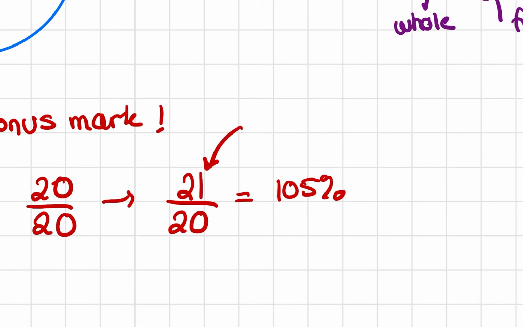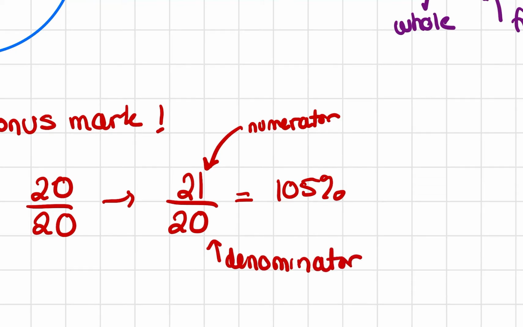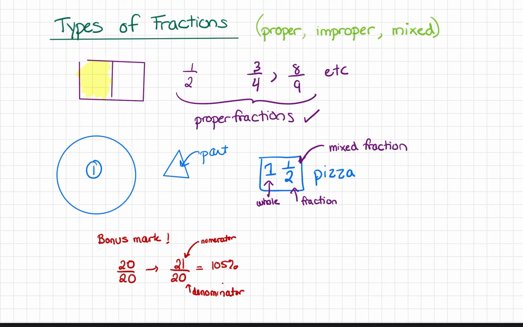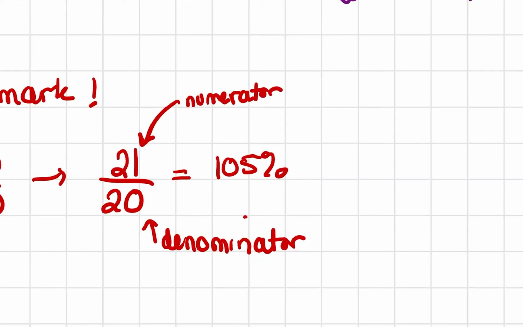And I know that it's hard for people to see because the numerator, right, this is called the numerator, is bigger than the denominator, which is very strange because if you see the proper fractions I have given you up here, the numerator was always smaller than the denominator, and that's usually the most common one, right? It's proper. But these still exist, and we actually call them improper fractions when the numerator is bigger than the denominator.